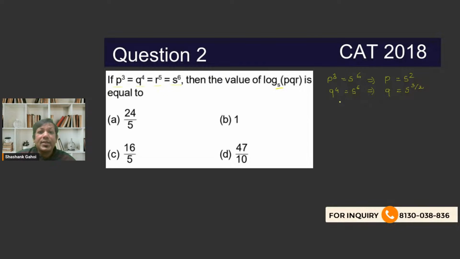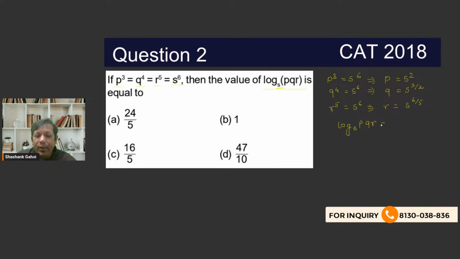Okay. What is the next value I have? That is r power 5 is equal to s power 6. So I can say that r is equal to s power 6 upon 5. Okay. Now my question is this. The question is talking about log base s of pqr. Okay.